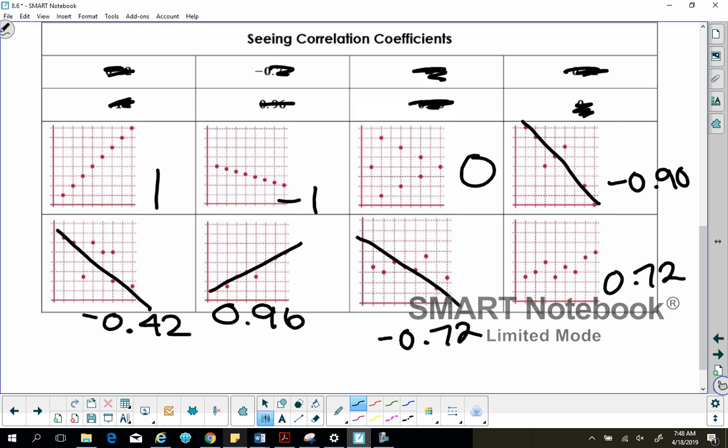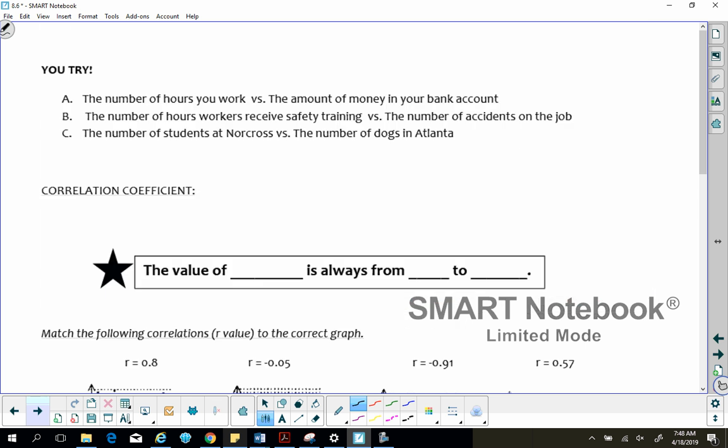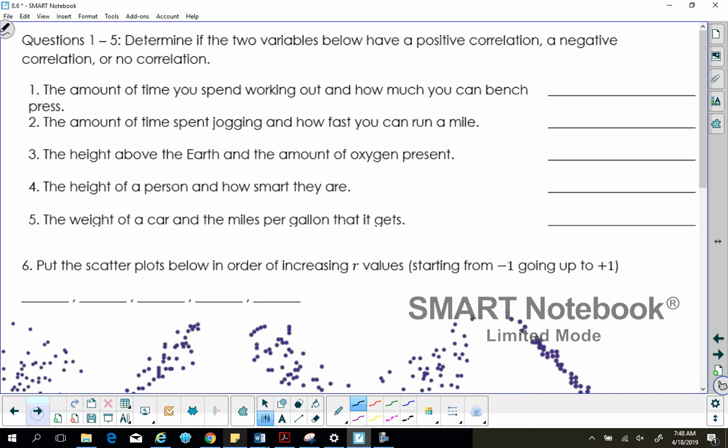All right, last part is practicing the word problem. So go to the next page where it has the different word problems, like these. What you're doing right here is writing positive correlation, negative correlation, or no correlation.